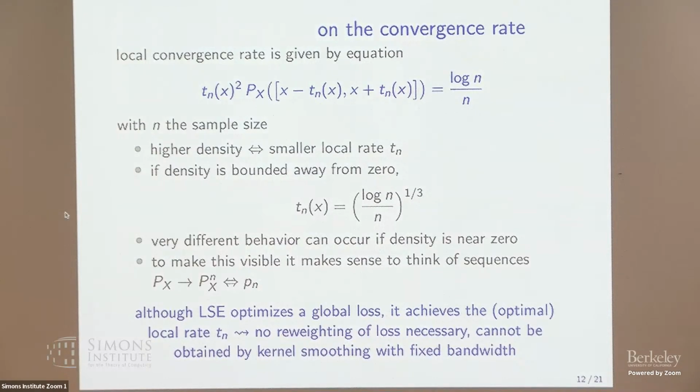That's different to kernel smoothing, because with a fixed bandwidth you can't adapt to the difference in the design distribution. You would need an estimator for your design density and stick that into your bandwidth choice to achieve the same behavior. But the least squares estimator doesn't need that. Of course, it comes with the thing that you have to put the radius to be 1.